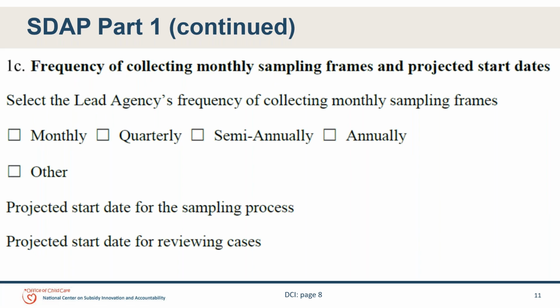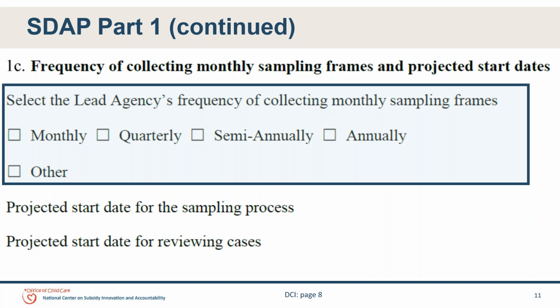The next set of items in the SDAP is 1C, and that asks about the frequency of collecting your sampling frames and projected start dates. First, you're going to select the frequency for collecting the monthly sampling frames.